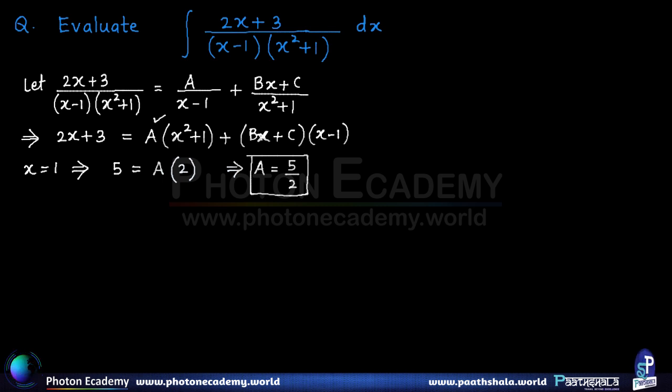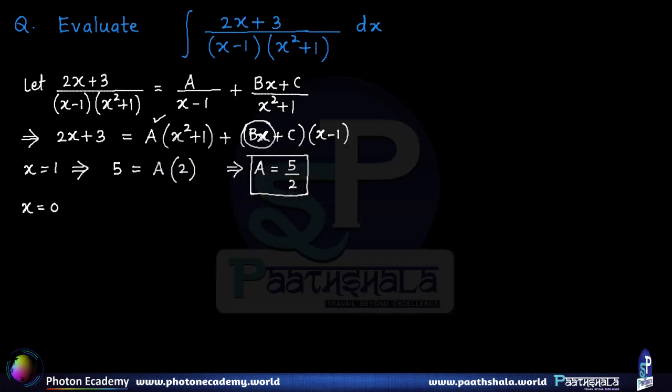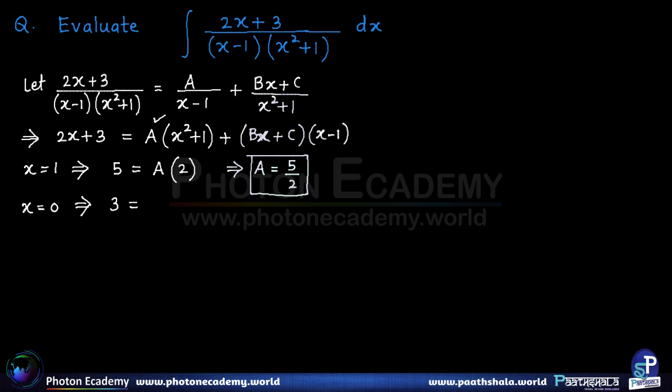Now let us put x as 0, so that since x is attached with B, the term in B will vanish and we can get C, since we already know A. By putting x as 0, the left hand side is 3. On the right hand side we have 0 plus 1, that is 1, and A is 5 by 2, so we have 5 by 2 plus C into x minus 1, which is 0 minus 1, that is minus 1.